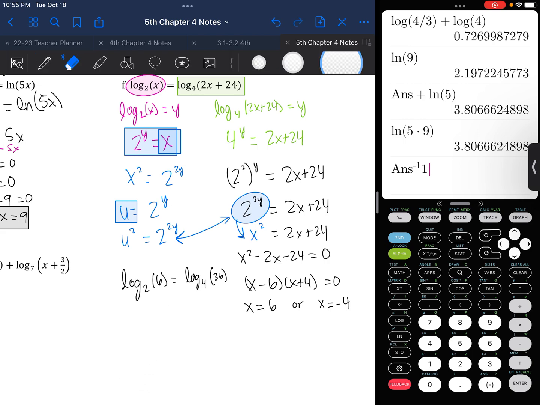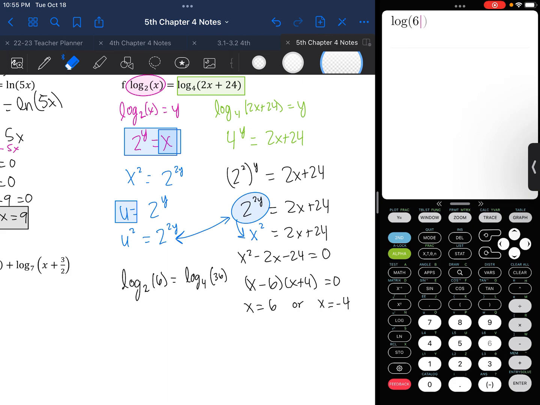Okay, so log of 6 divided by the log of 2, and then the log of 36 divided by the log of 4. Hey, look at that. That's the same thing.